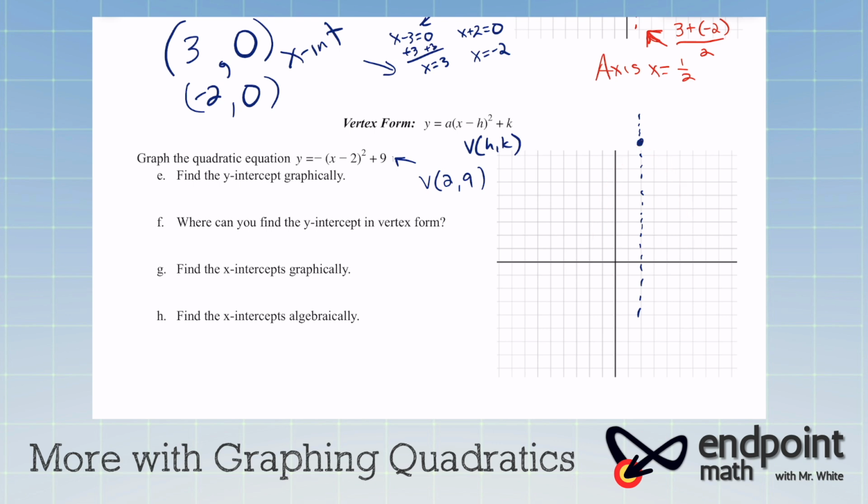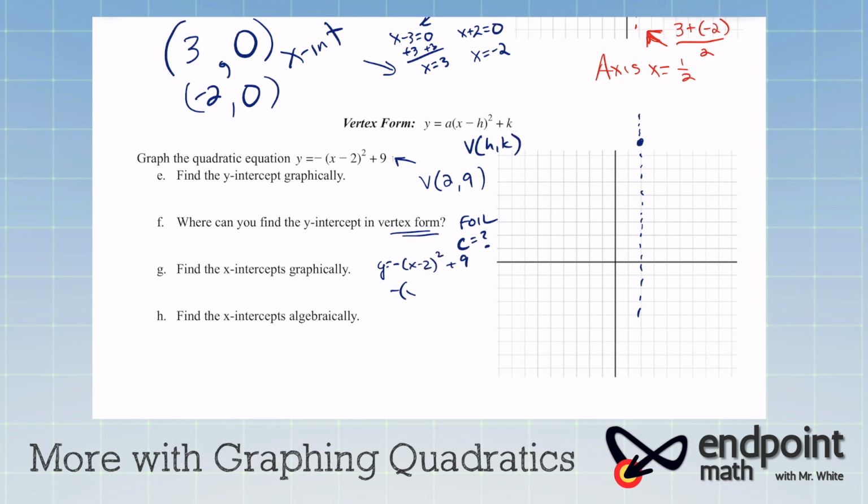Now we're going to find the y-intercept here. How could we find that from vertex form? We would have to use FOIL to figure that out, because I'm wondering, c equals question mark? See, there is no c in this. We had to figure it out. So y equals negative (x minus 2) squared plus 9.